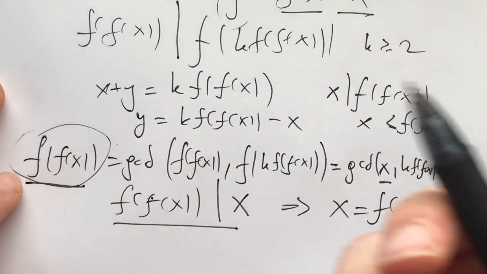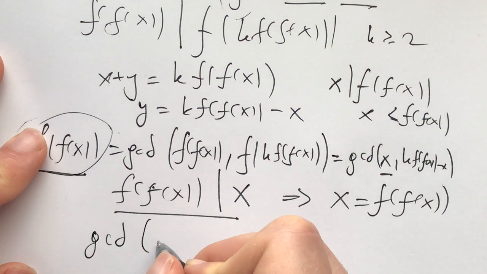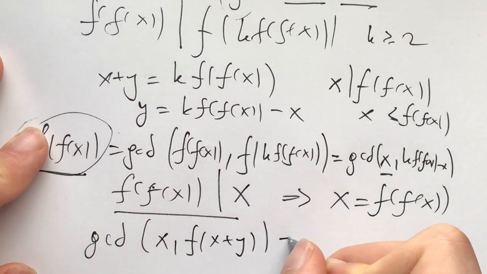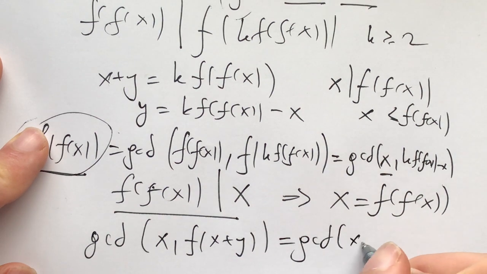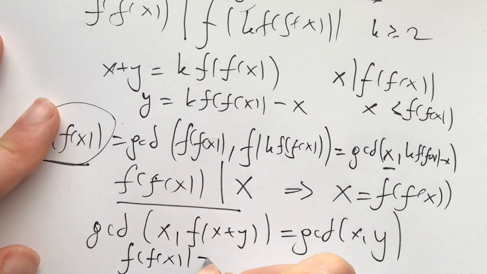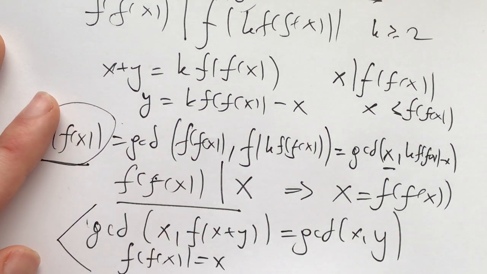And now our Canadian function problem condition translates into the GCD of x and f of x plus y is equal to the GCD of x and y for all x and y, with the extra condition that f of x is equal to x. Now with this, I invite you to pause for another 10 to 20 minutes and see how far you can push this.